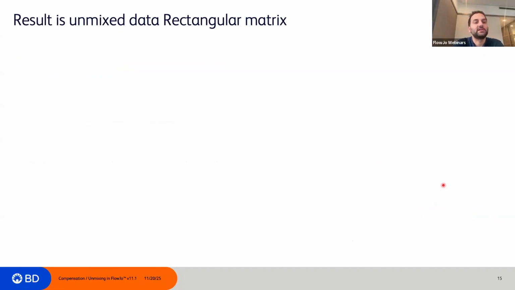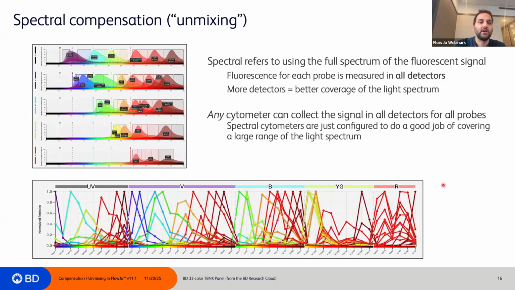The result is unmixed data and a rectangular matrix. I'm going to show it to you also later in the demo. We have one-to-one assignments, one detector and one fluorochrome. So we have a square matrix in that case.